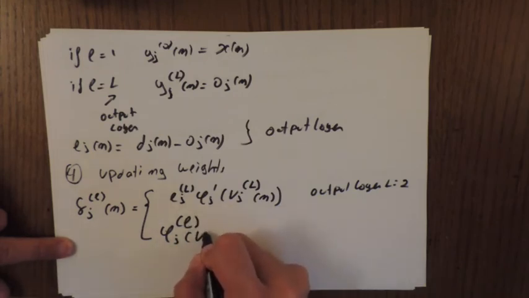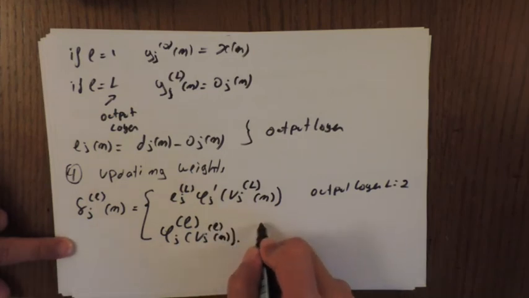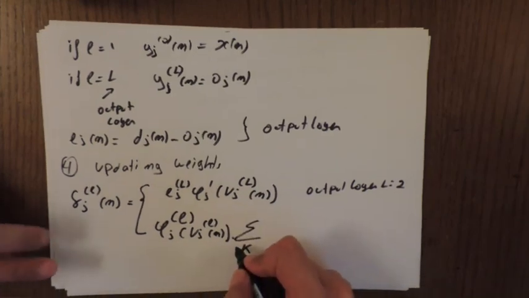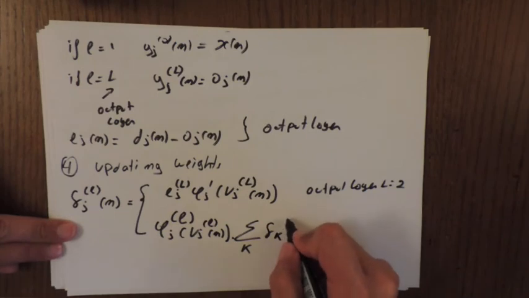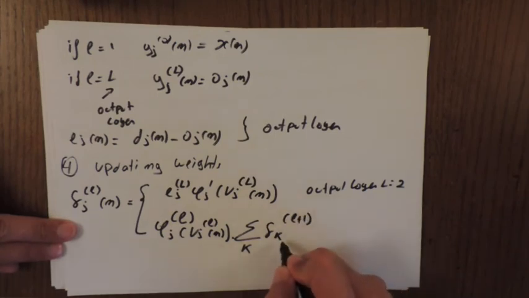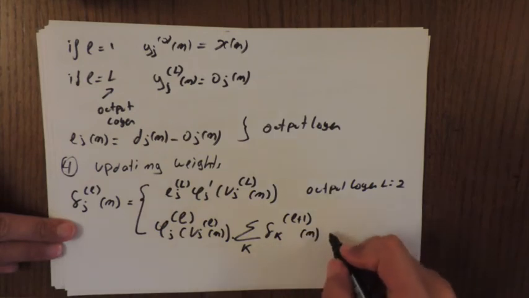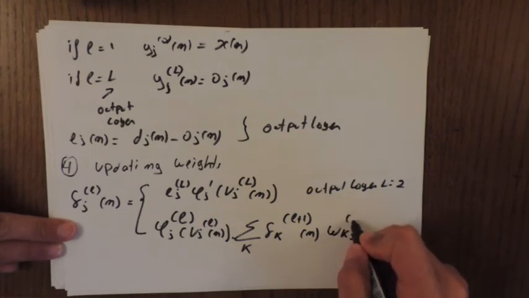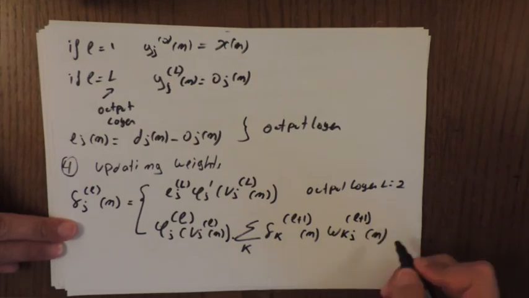prime of Vj of L of n times the summation over all the local gradients of the next layer, could be the output, could be another layer, times Wkj of L plus 1 of n.